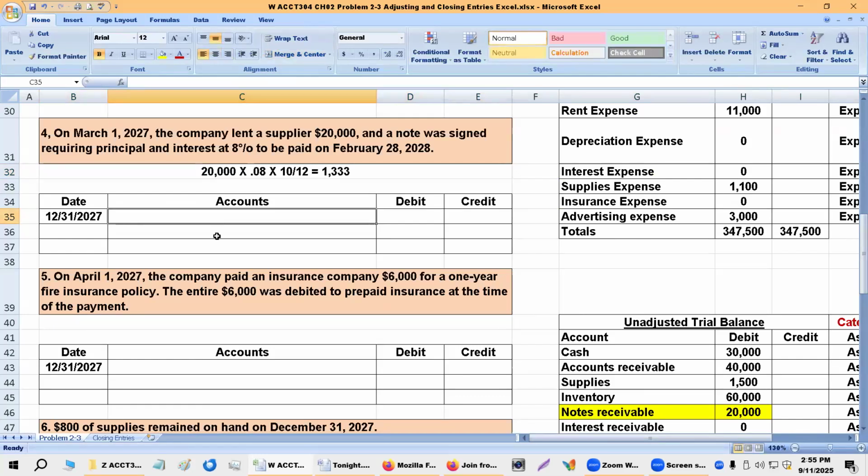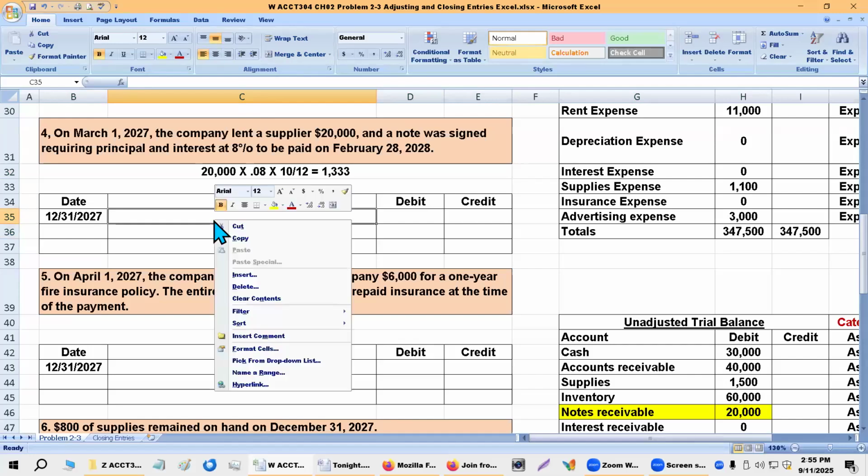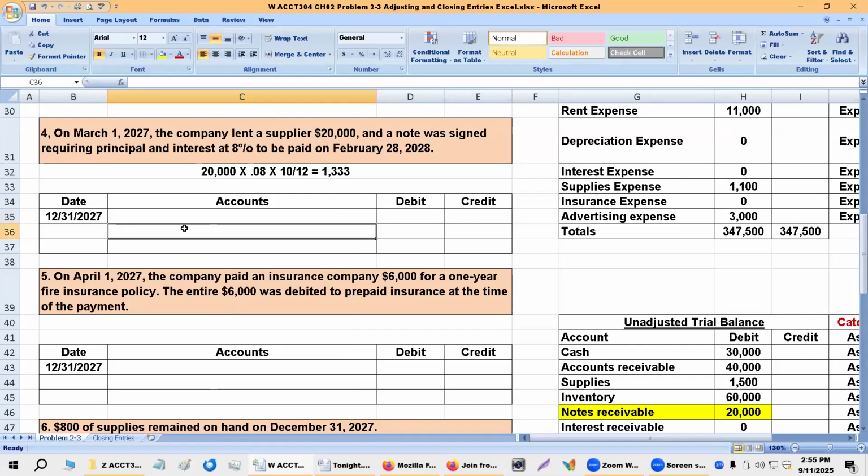Okay, now the difficult part. What is it when someone owes us money? We know that when we owe them, it's a payable. If they owe us, what is it? Receivable.